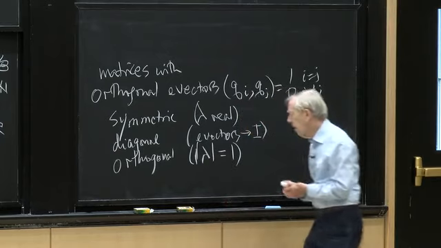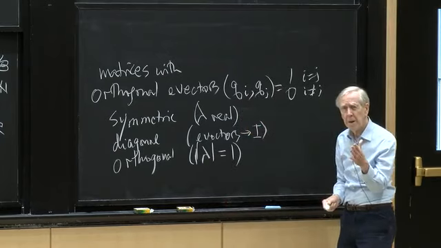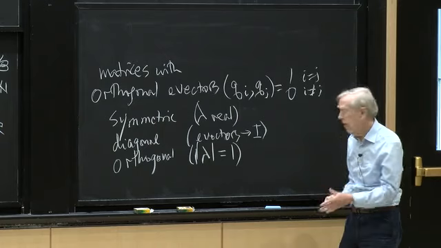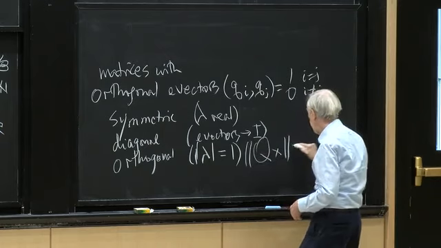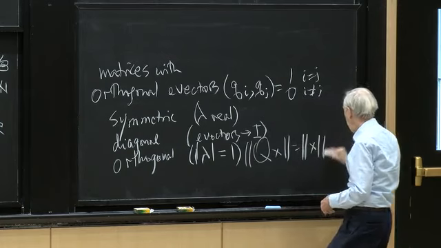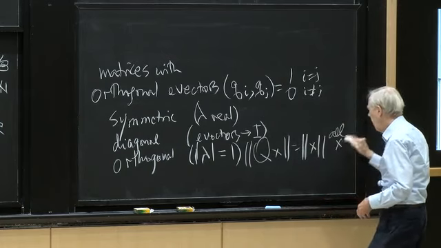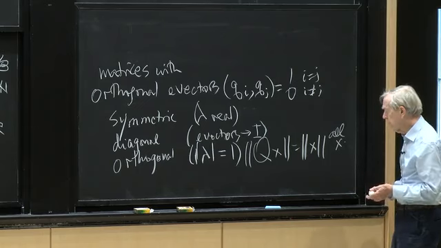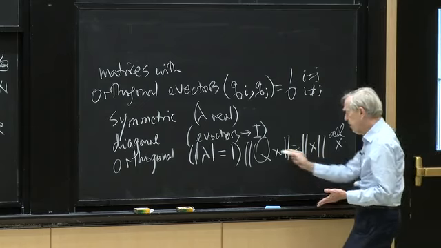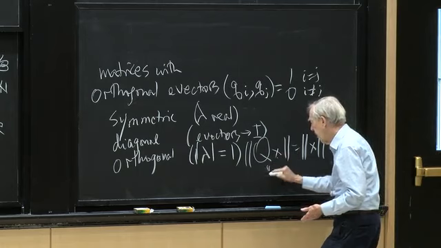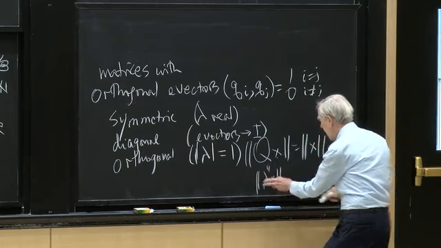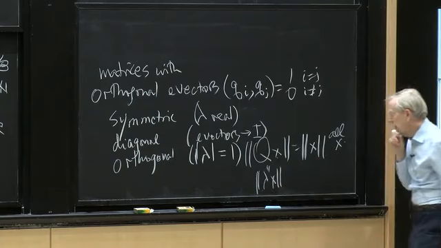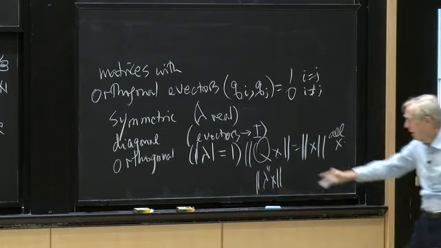There has to be 1 because an orthogonal matrix doesn't change the length of the vector. Q times x has the same length as x for all vectors, and in particular for eigenvectors. So if this was an eigenvector, Qx would equal lambda x, and if that equals that, then the magnitude of lambda has to be 1.